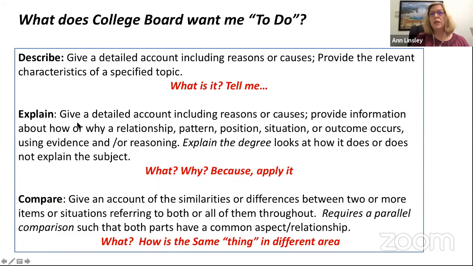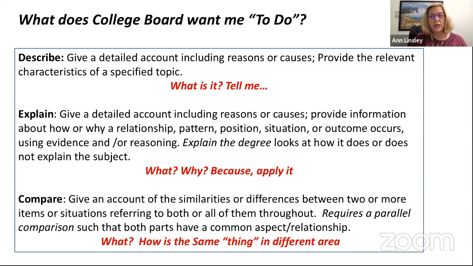Explain is the other task verb. Explain is asking for a detailed account, including reasons or causes. Examples: explain the concept, explain what you see, what are the patterns, what is going on, and then support that with information that's either from the prompt itself, or from the stimulus, or from the explanation of the concept, which may require a real world example.